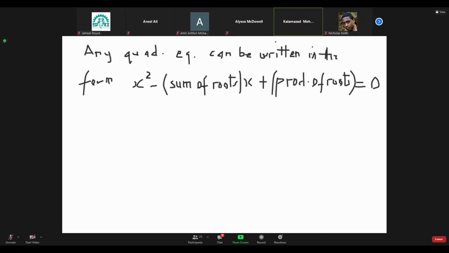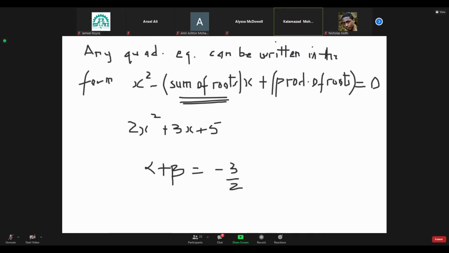Our equation was 2x squared plus 3x plus 5. Okay, this here is the sum of the roots. When we worked out alpha plus beta just now, we got minus 3 over 2.